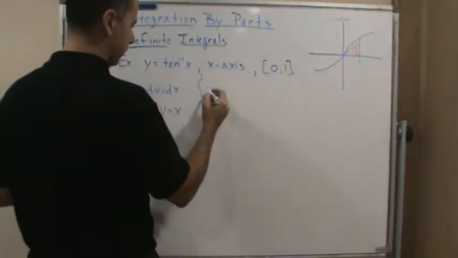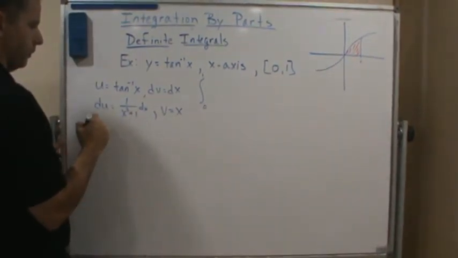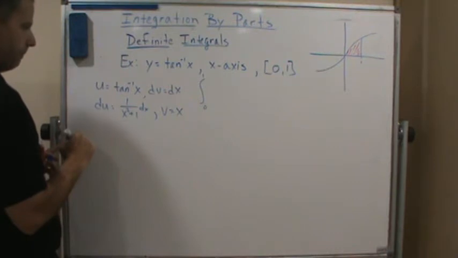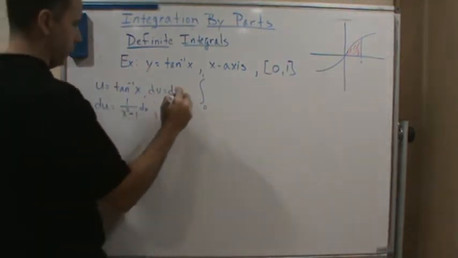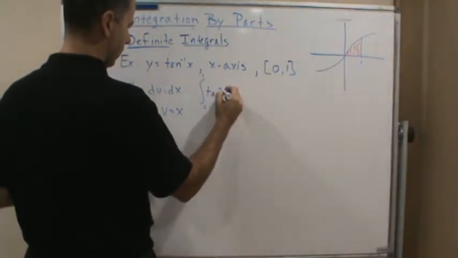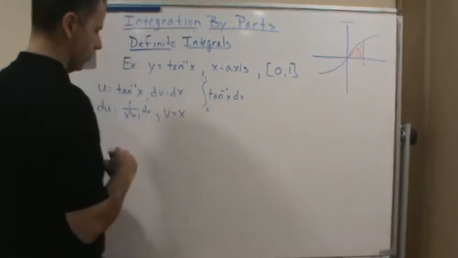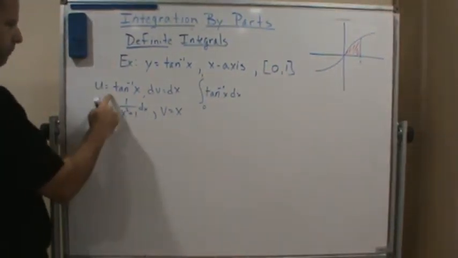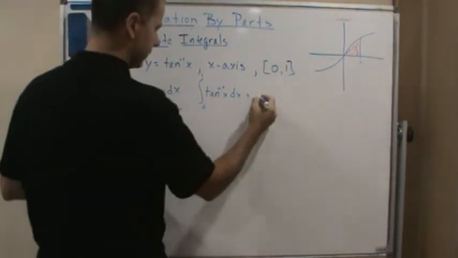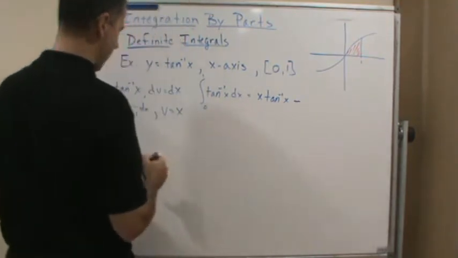And so it's going to be uv, so it's going to be x times tangent inverse of x minus the integral.